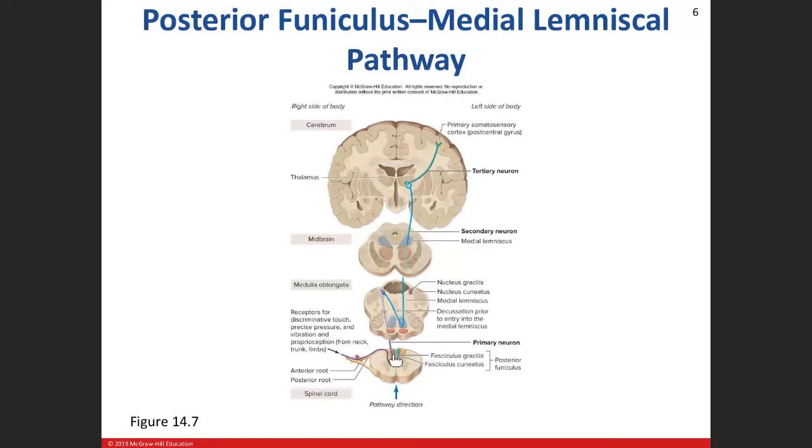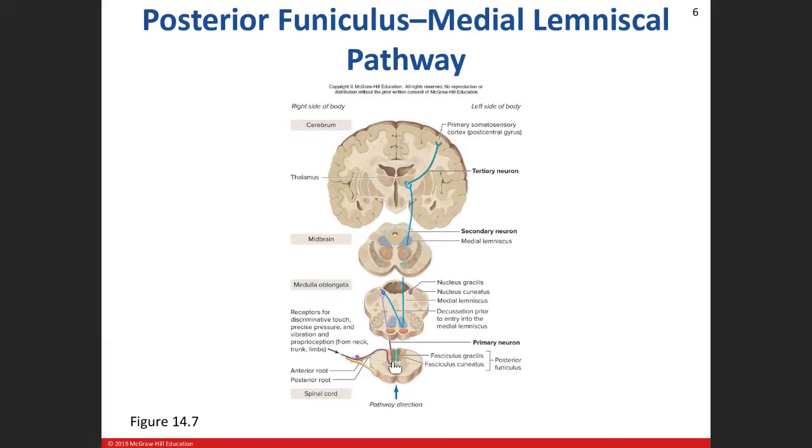And so the posterior funiculus, on each side, well, this whole thing is the posterior funiculus, okay? But it's made up of the fasciculus cuneatus and the fasciculus gracilis. The cuneatus is on the lateral portion, the gracilis is on the medial portion.